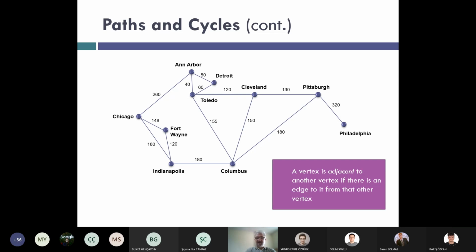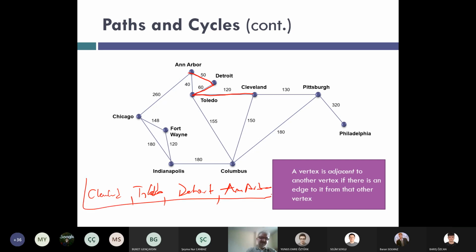For example, Cleveland, Toledo, Detroit, Ann Arbor is a vertex list, right? A vertex sequence, and it represents a path: Cleveland to Toledo, Toledo to Detroit, Detroit to Ann Arbor, right? So we can have a sequence of vertices, and we call it a path.